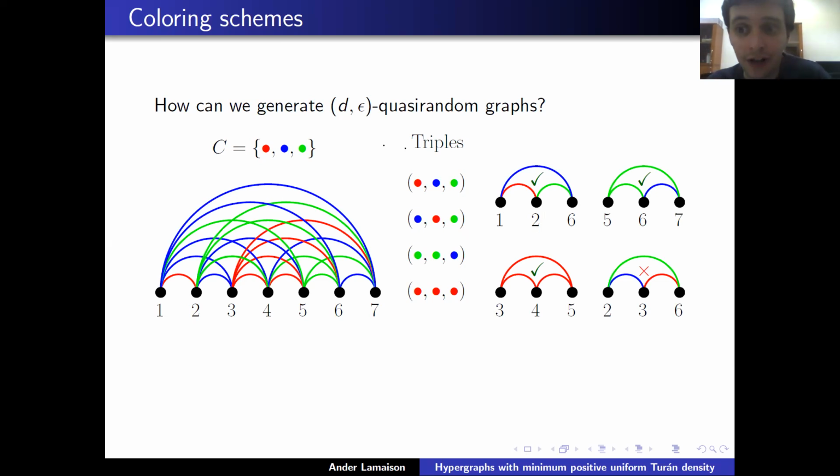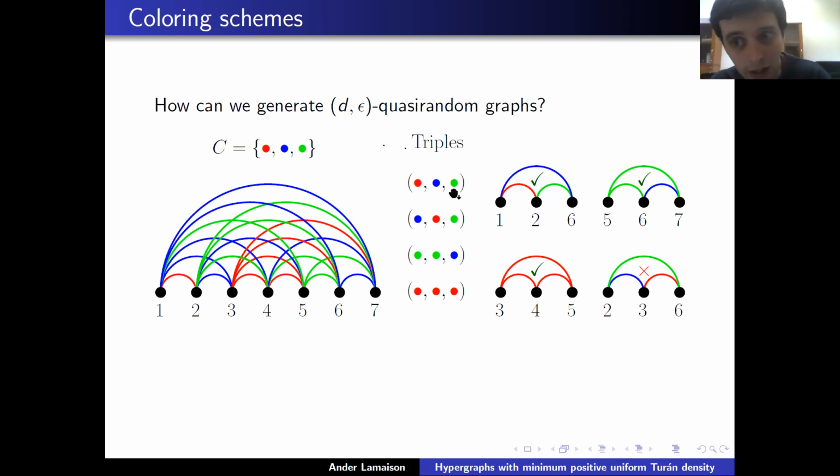And then for any triple of vertices, you are going to look at the left color, the top color, and the right color. And if those 3 form one of the ordered triples in your list, then you place an edge there, otherwise you don't. So for example, here in the vertices 1, 2, and 6, you see that the left color is red, the top color is blue, and the right color is green.